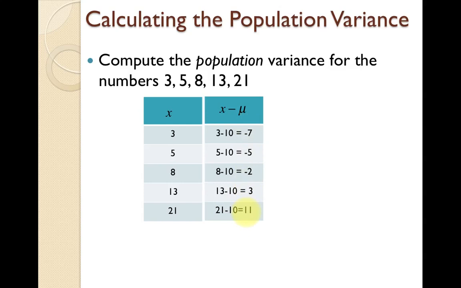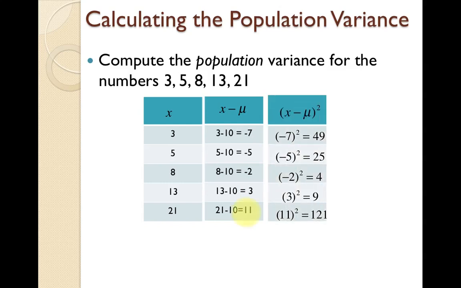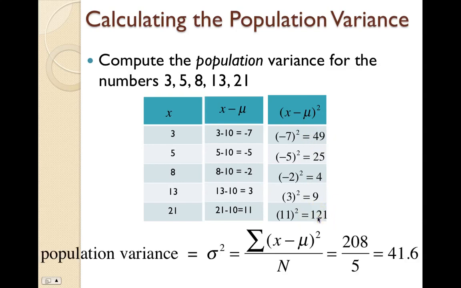The next step, you're going to take those values in the second column and square them. So when you square negative 7, you'll get a positive 49. When you square negative 5, you'll get a positive 25, etc. So your answers are 49, 25, 4, 9, and 121. And on web work, please, you're going to just put the single answer, not the entire calculation. Your population variance involves summing up this last column, which is this top numerator calculation here.